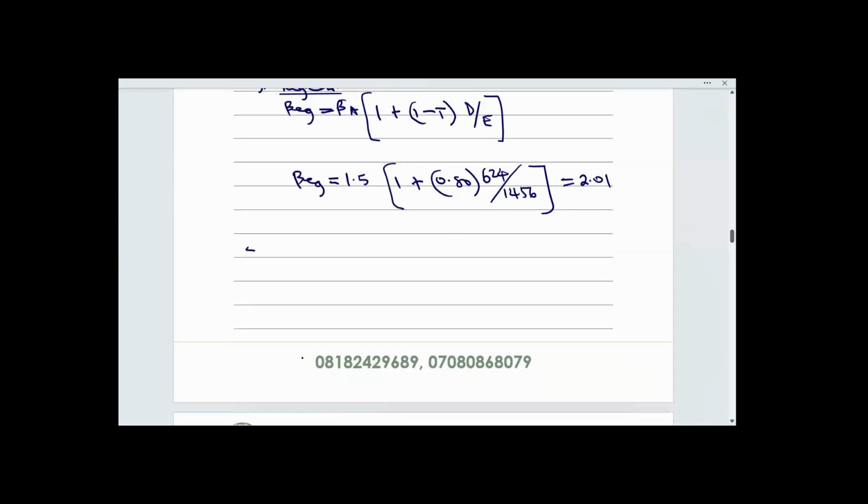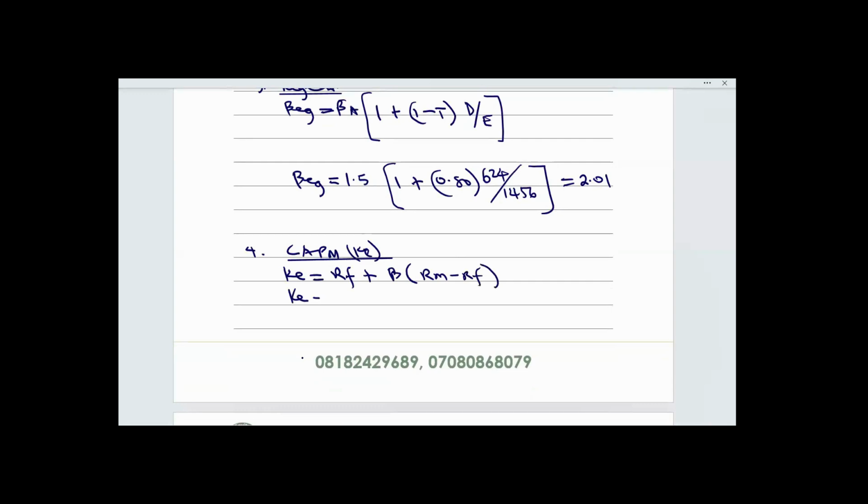Then step 4 says you should calculate cost of equity using CAPM. So cost of equity equal to risk-free rate of return plus beta into market return minus risk-free rate of return.